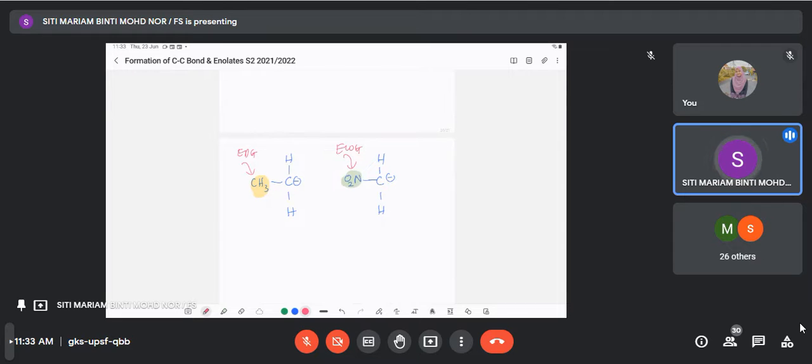As I said before, in the left structure, the EDG will donate electrons to your carbanion through the inductive effect. You draw the arrow on the bond. It donates electrons through the sigma bond to your carbon negative charge.